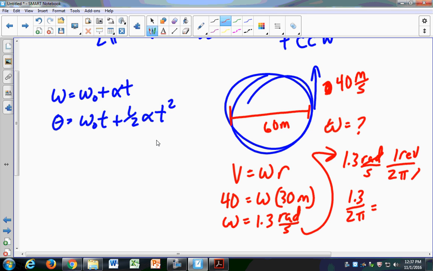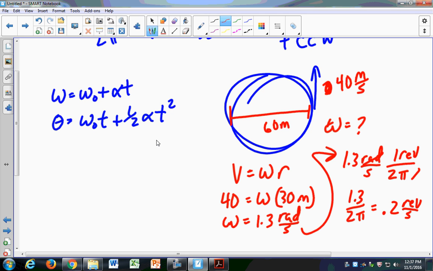It's less than a revolution per second. I get 0.2 revolutions per second. So they move pretty slowly, actually. They have horrendous winds, but they actually rotate fairly slowly. They don't have to rotate very fast because they're so wide across.